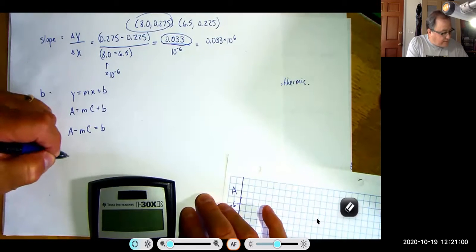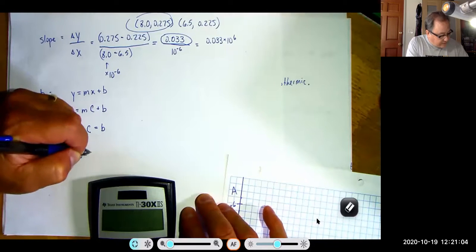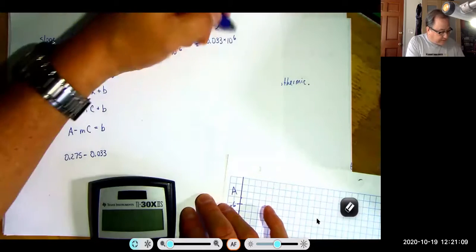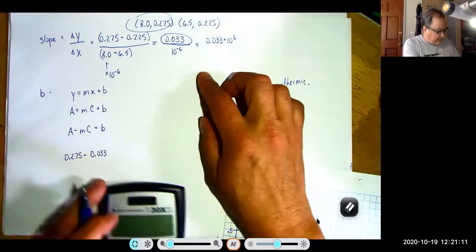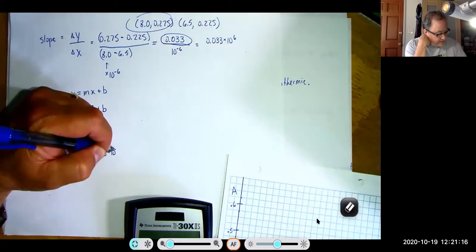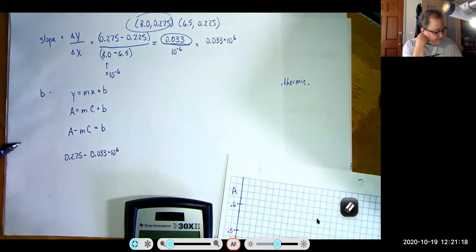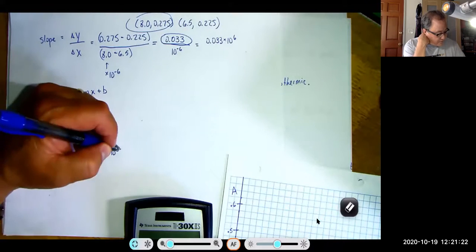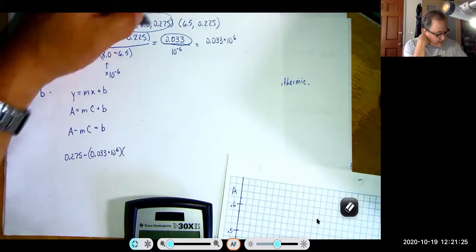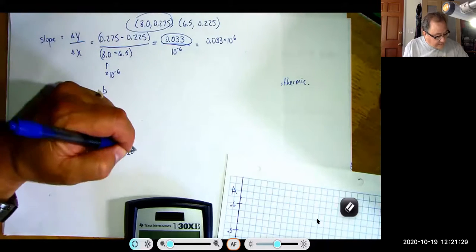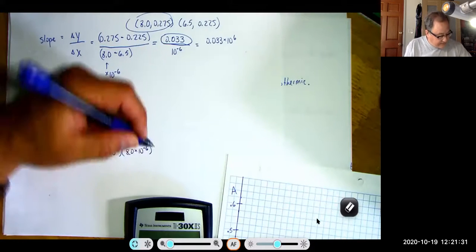So I'm going to have 0.275 minus 0.033 times 10 to the 6, and the concentration is 8 times 10 to the minus 6, is equal to b.